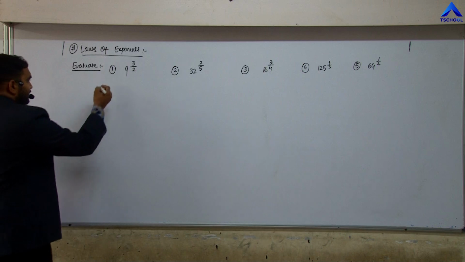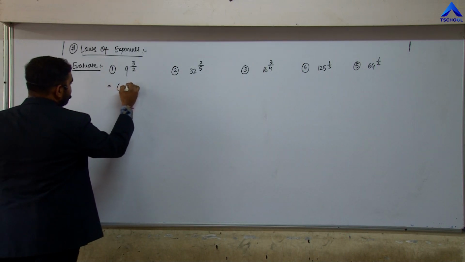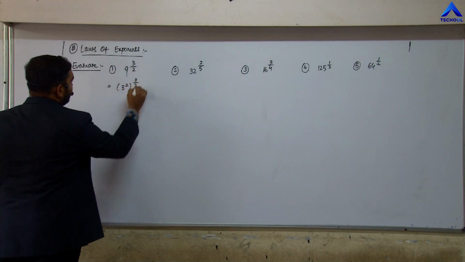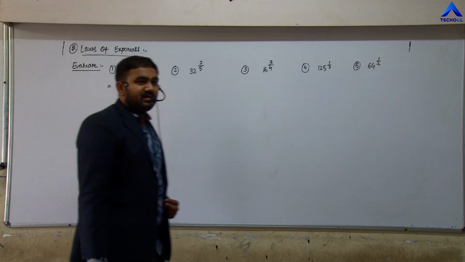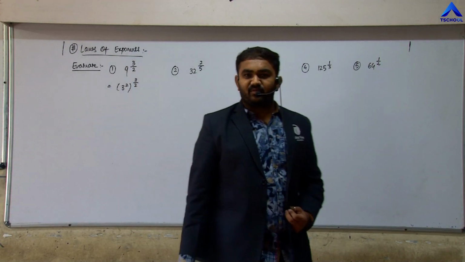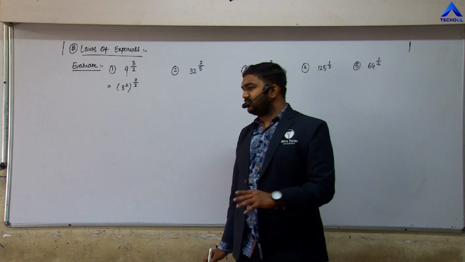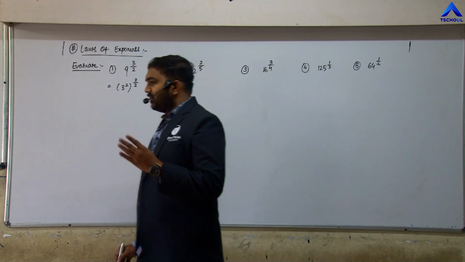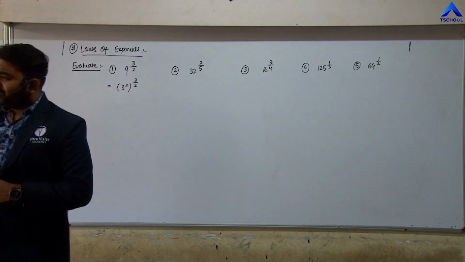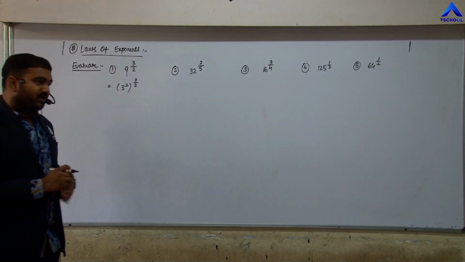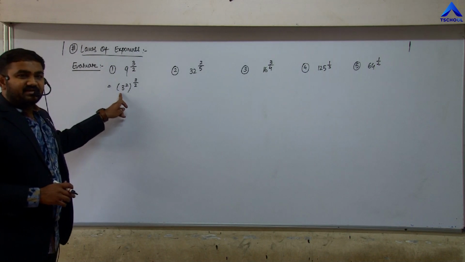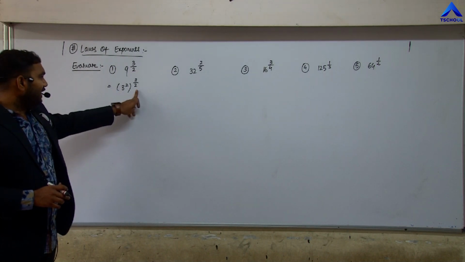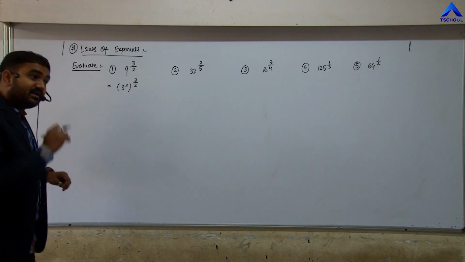That means this 9 can be written as 3 square raised to 3 by 2.